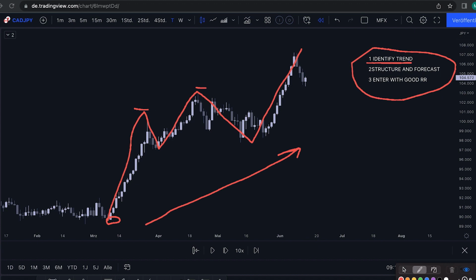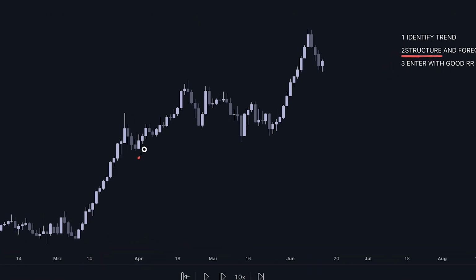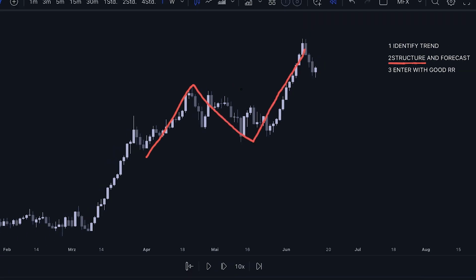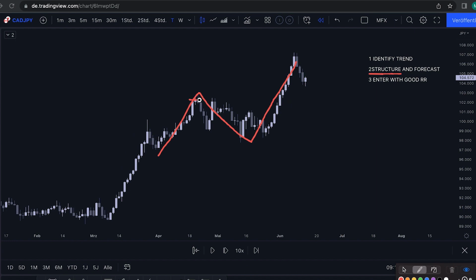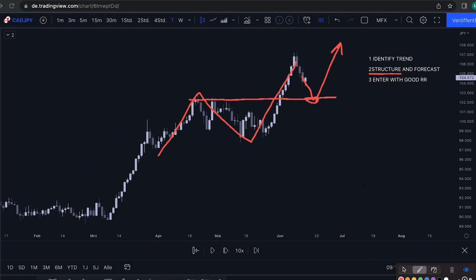So when we've got this, what's the next thing we're looking out for? It's structure levels, right? So we have this 1, 2, 3 move right here, and the market breaking the last structure high. It's right in here. What we are looking out for next, because we are trend traders, is that the market comes back into this zone right here, and then we are looking for the next move up, okay?